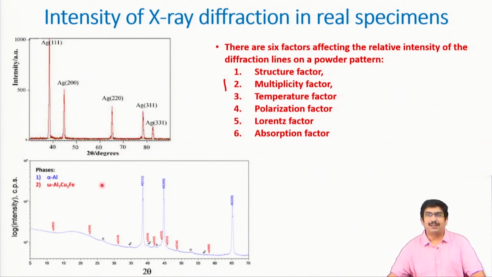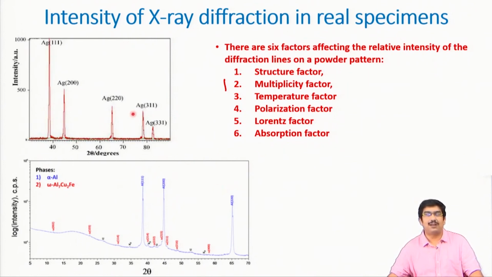But if you look at a real specimen, this one is an example of an FCC aluminum alloy, basically an aluminum copper type alloy. This one is a powdered specimen of silver, whereas this one is an aluminum solid specimen, and both were taken at room temperature.